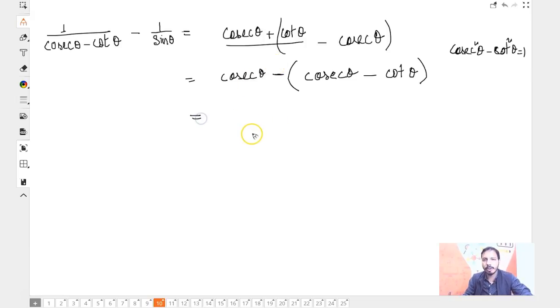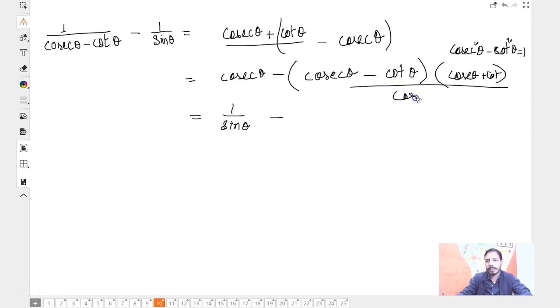And now what I can do is, now this I can write as 1 by sine theta, and this part I can multiply by cosec theta plus cot theta, cosec theta plus cot theta, both numerator and denominator.